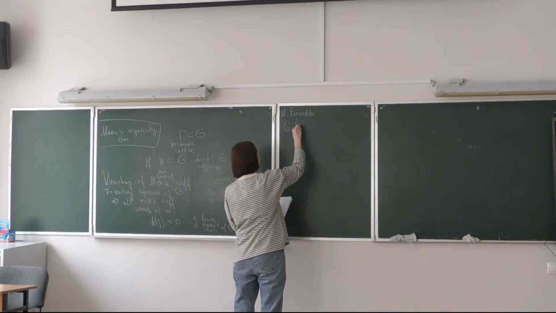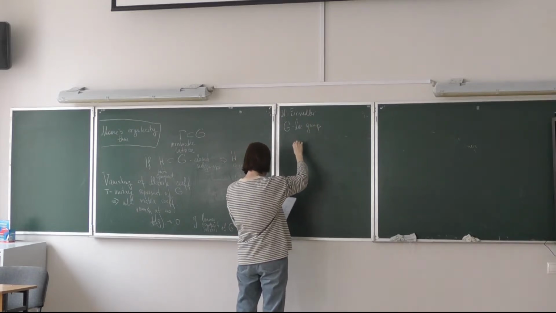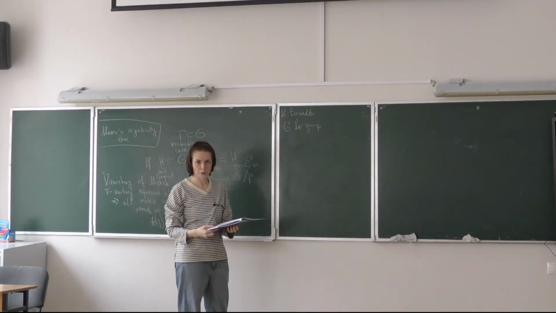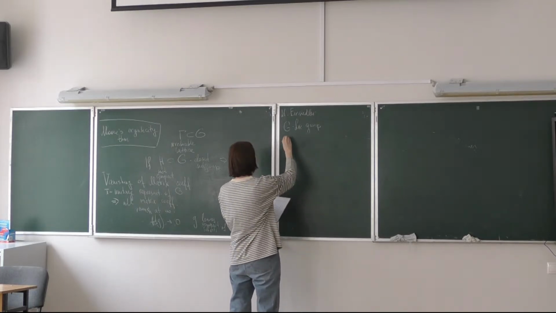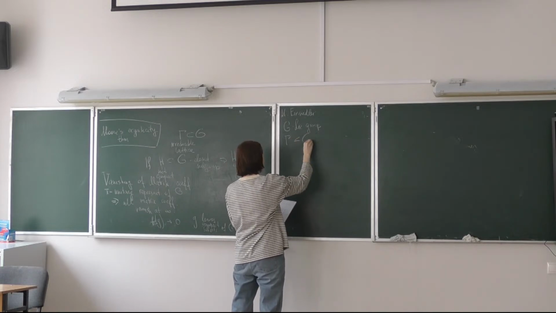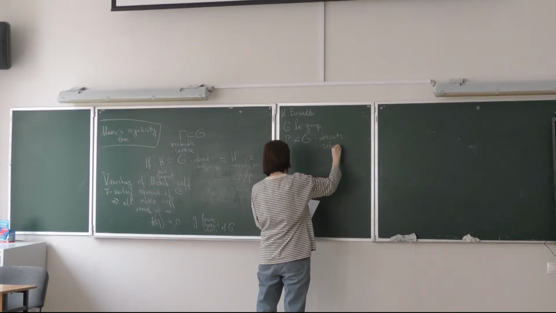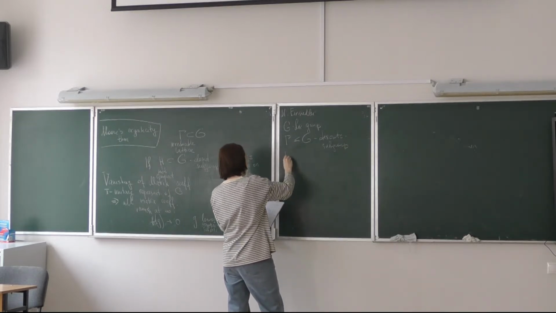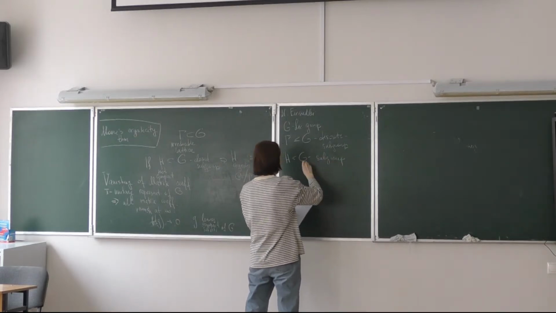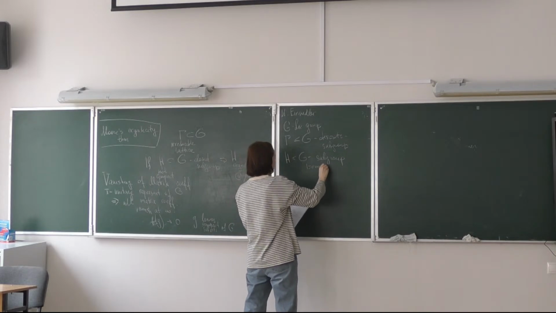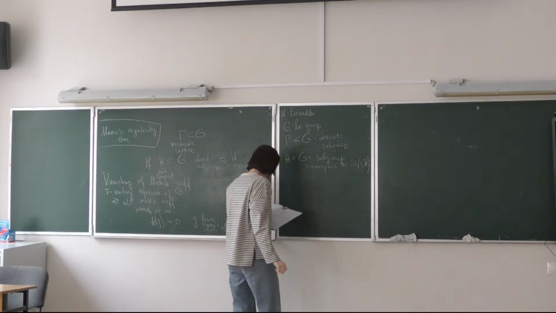We take a Lie group G and we consider a discrete subgroup Gamma. And then we consider a subgroup H isomorphic to SL2(R).